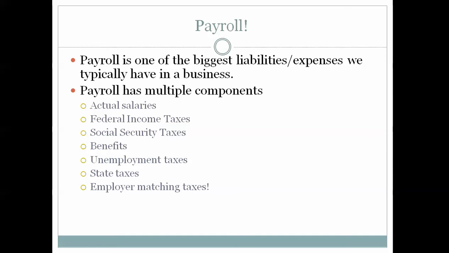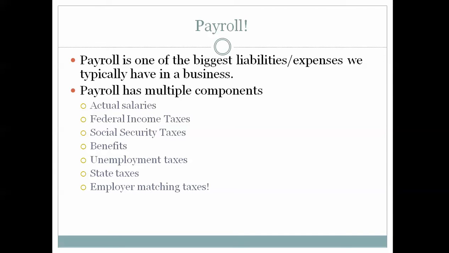Out of those salaries, we collect on behalf of our employees the federal income taxes that they must pay with their earnings. We also, as employers, will collect any Social Security taxes or Medicare taxes that are associated with our employees' earnings. We will collect any benefits to pay things like health insurance or retirement plans. We might take those out of employees' checks.